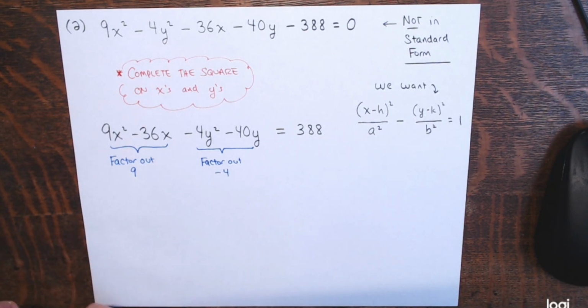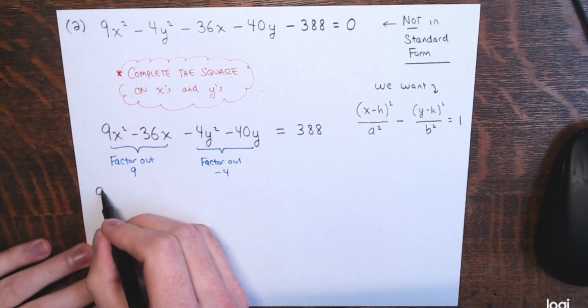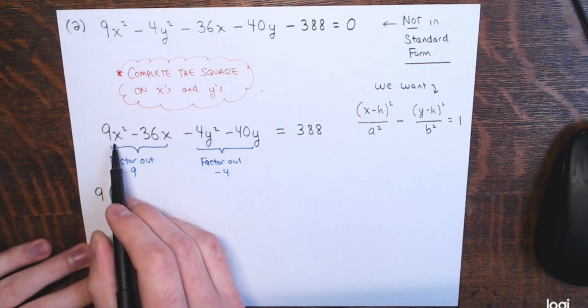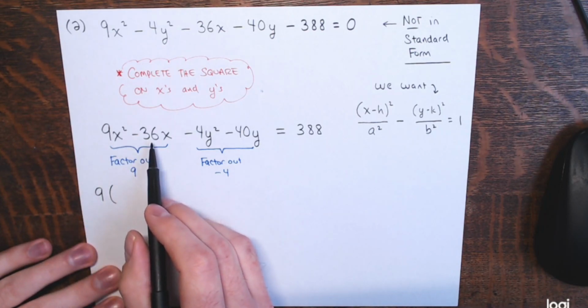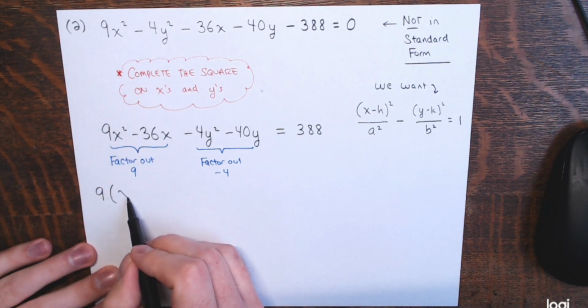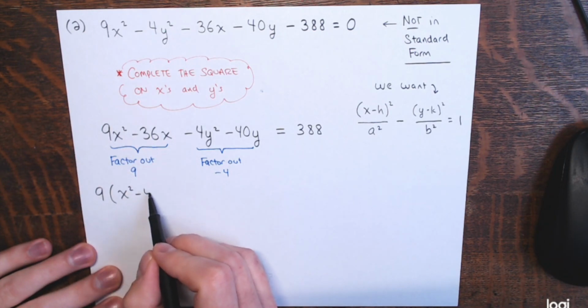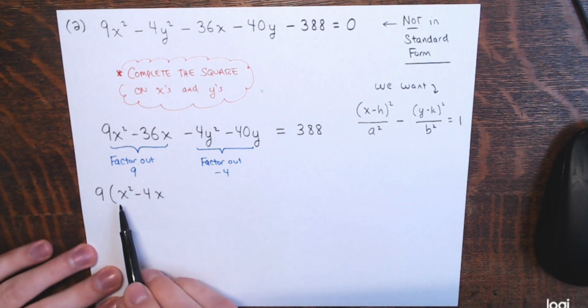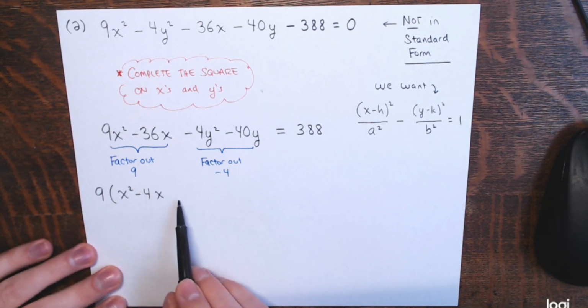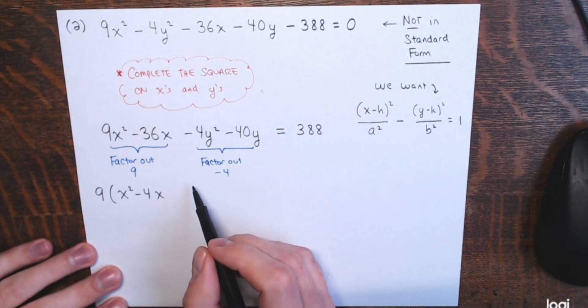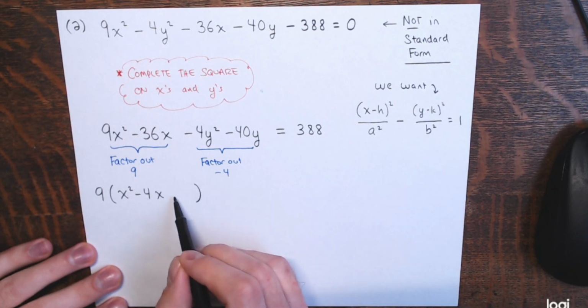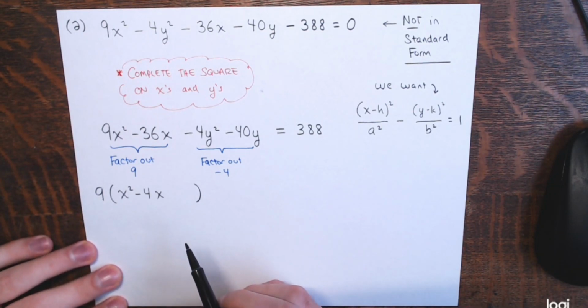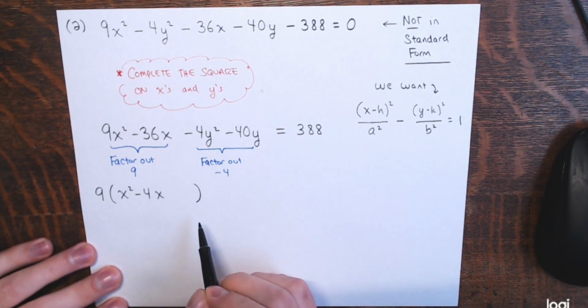So that leads me to this line. Again, from the x terms, I factor out 9. Now if I factor out 9, the remaining factor would be x squared minus 4x. Now the coefficient on x squared is 1. So inside the parentheses, I'm going to be able to complete the square. So I'll leave some space for that number we're going to add to complete the square, and then close the parentheses.